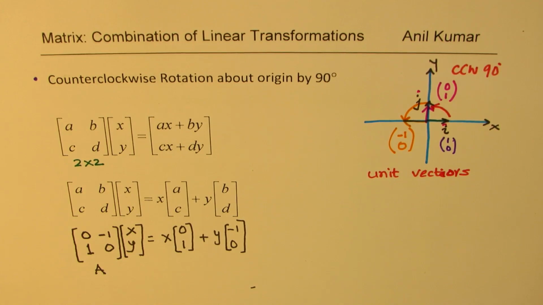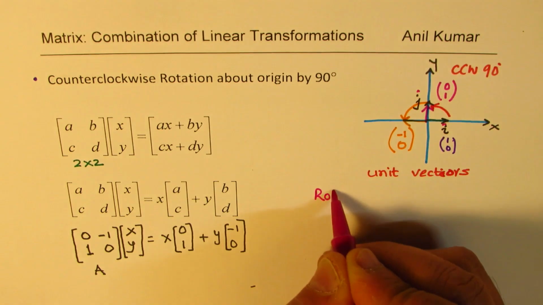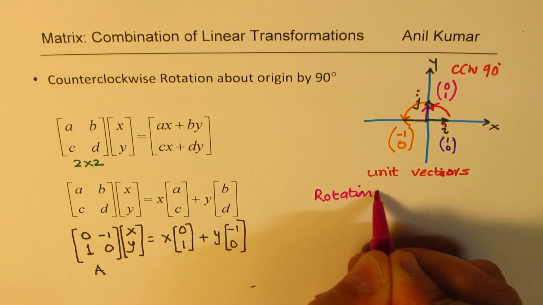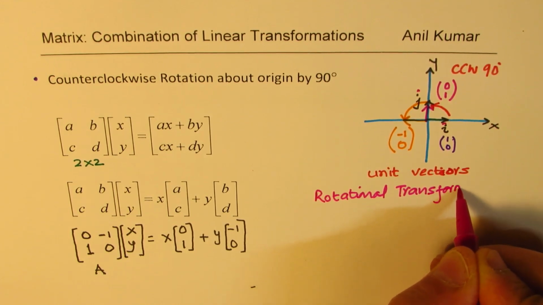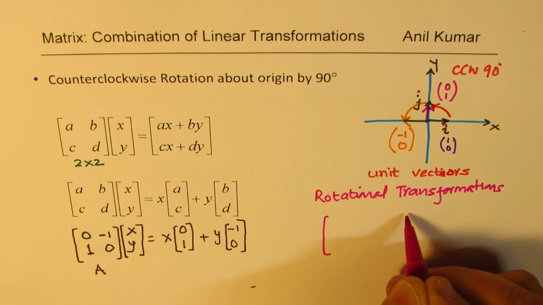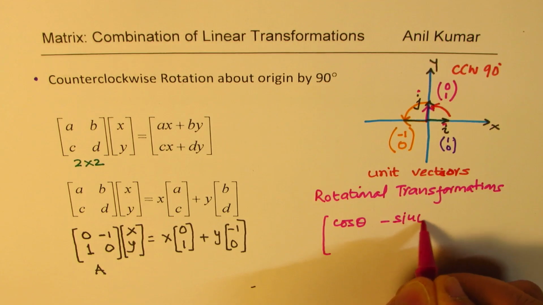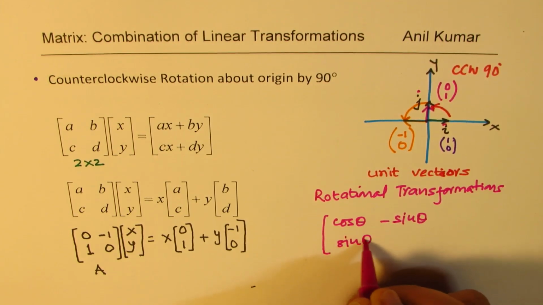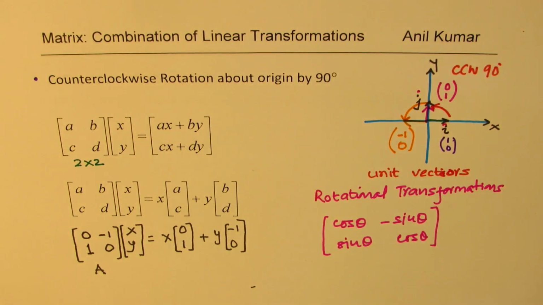Now here is a reminder for you. When we talk about rotational transformations, we actually use cos theta, minus sine theta, sine theta, cos theta as our rotational transformation matrix, right? So that is also correct.